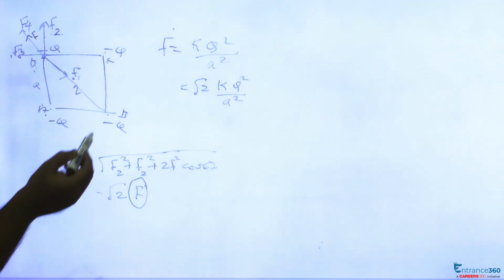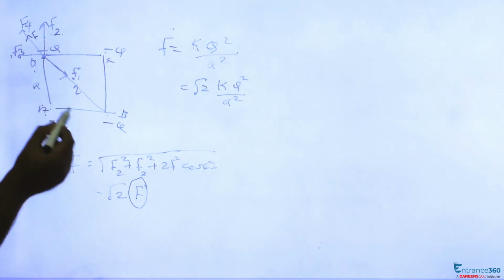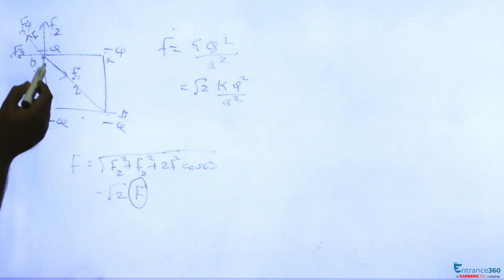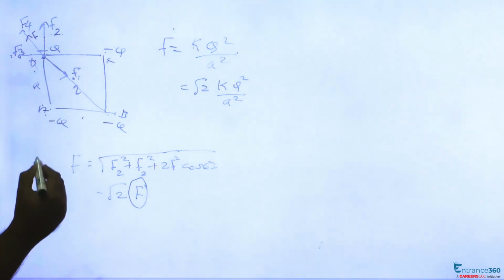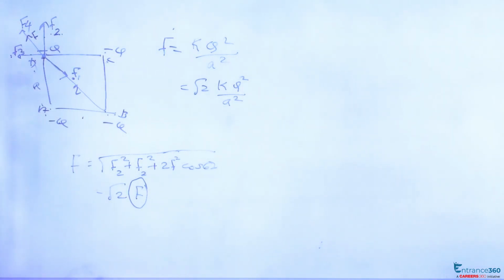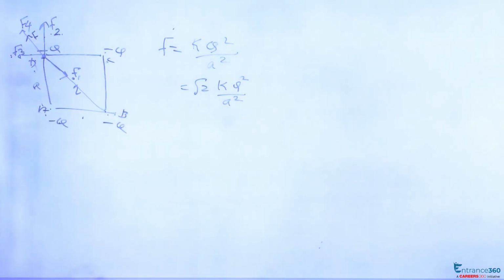So we have considered this and this. Now let's consider the force due to the charge at B. As this side and this side are A, the distance DB will be equal to root 2 A, by Pythagoras theorem.